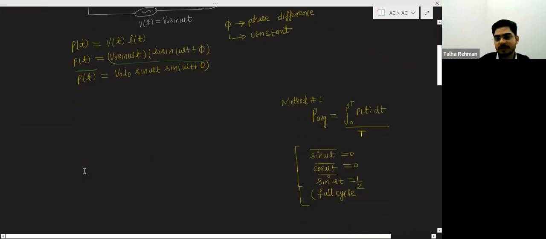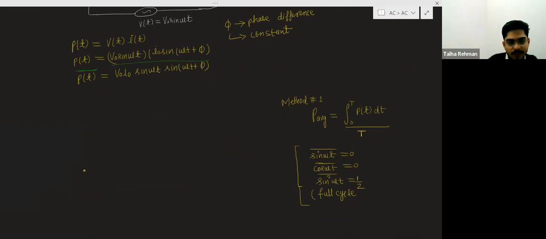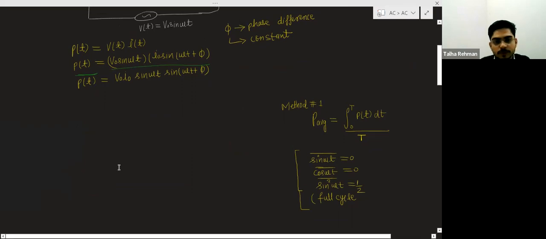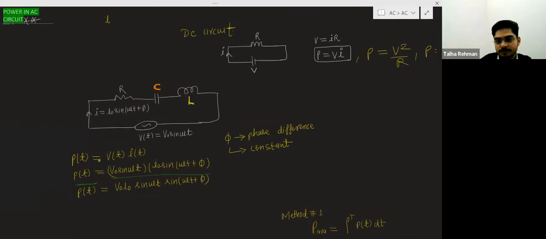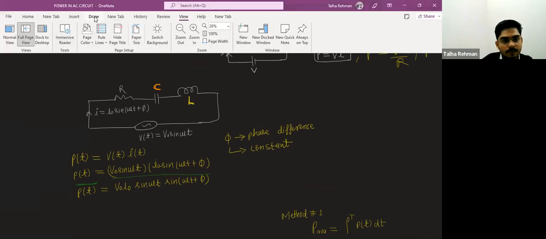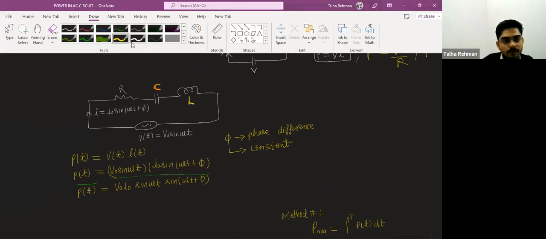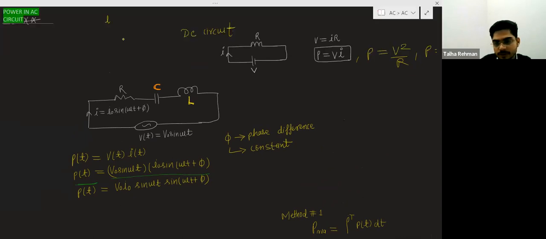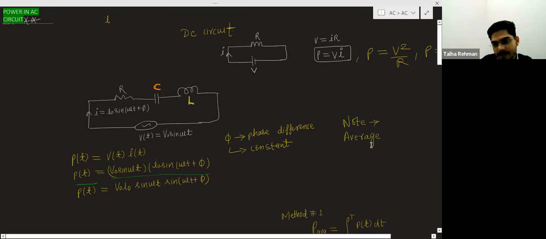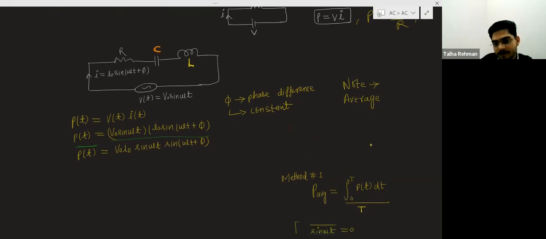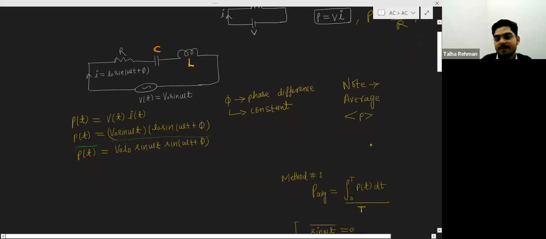Okay, so one thing I want to tell you, you can note this thing here. Average can be represented. Suppose this is also the average power.